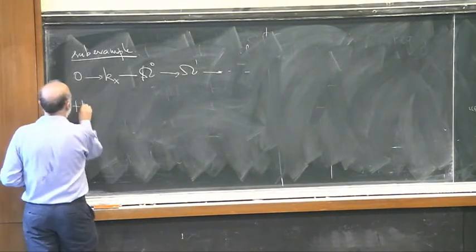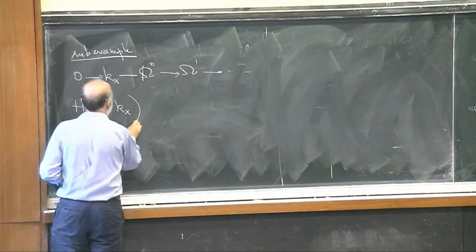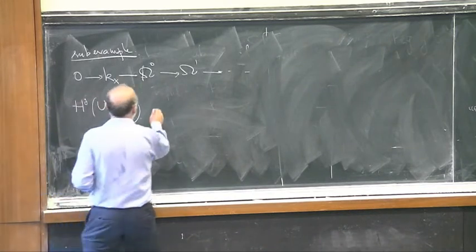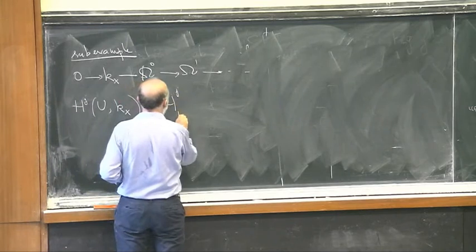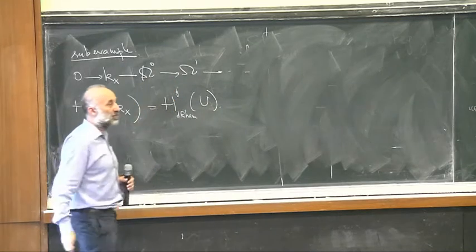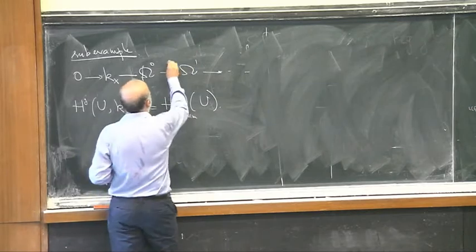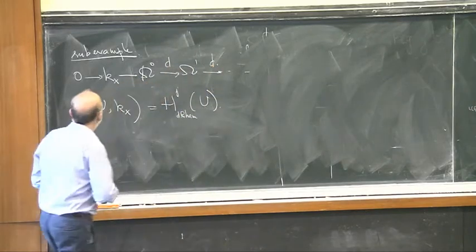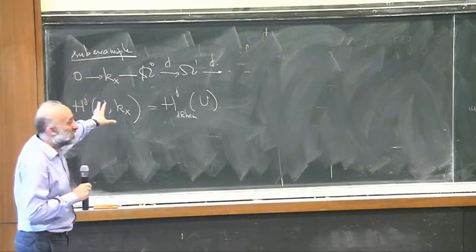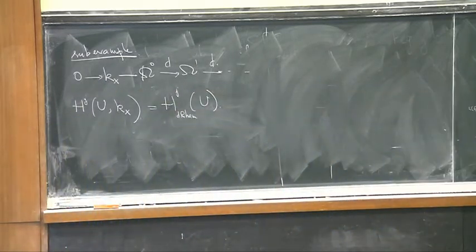And what I get is that the J cohomology of U with coefficients in the constant sheaf, which should be just the cohomology of U, is indeed equal to the de Rham cohomology of U. Because you have to apply sections over U, so you have omega 0 of U, omega 1 of U, and so on. This is just the exterior differential. And what you get in the end is the de Rham cohomology of U, and this is the same, by definition, as the cohomology of U with coefficients in K. More questions?